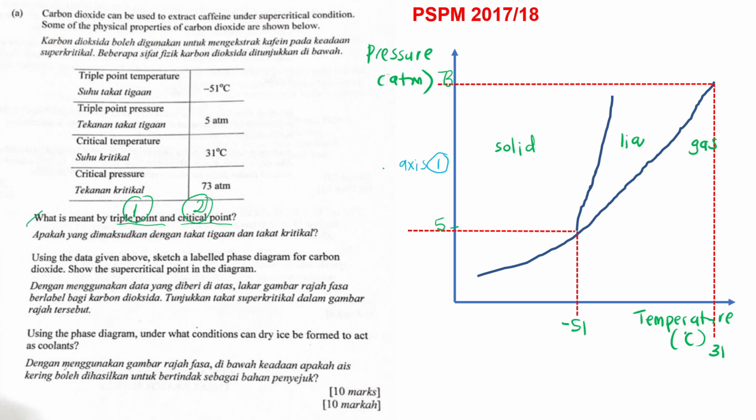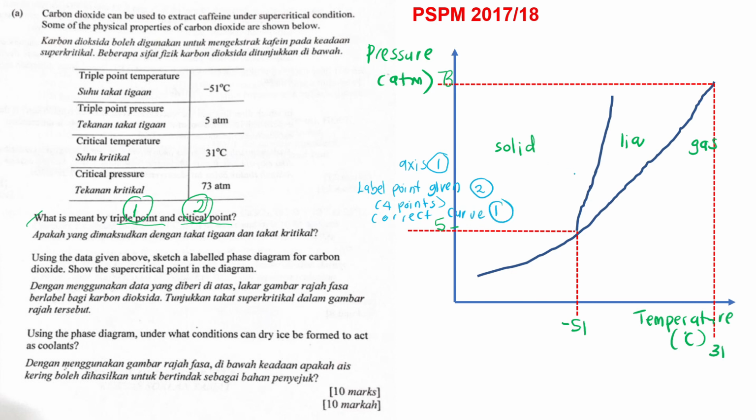Then correct labels of the 4 points given: 2 marks. One for the triple point, negative 51 and 5, and another for the critical point, 31 degrees Celsius and 73 atm.